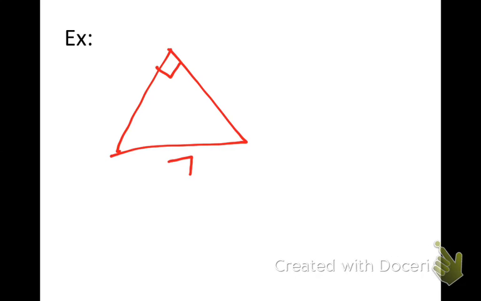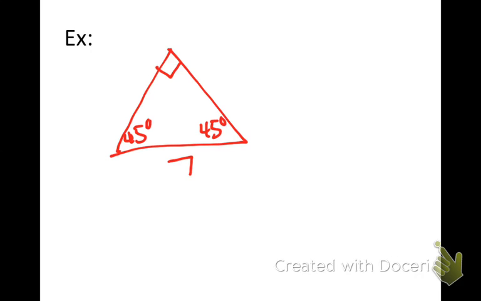Let's do an example. If I had a right triangle and the hypotenuse was 7, this is a 45-45 right triangle.